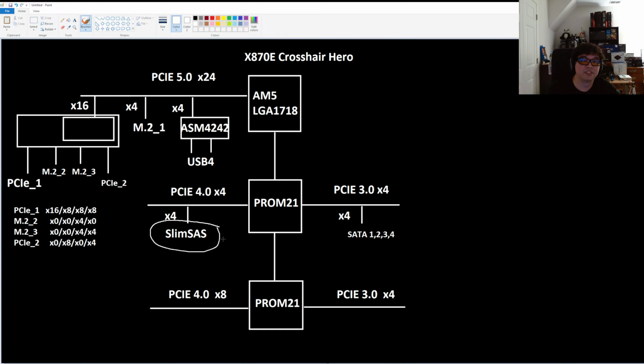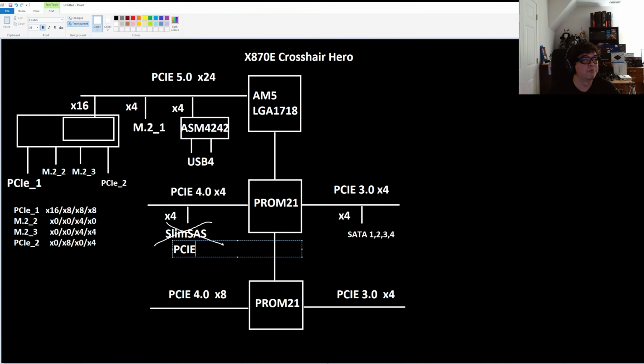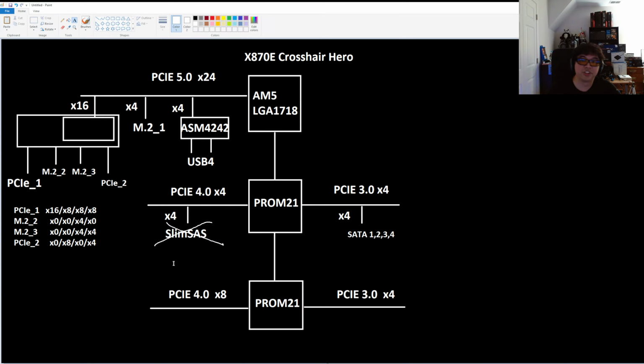That is really strange. Whereas the Strix, for $200 less, included an open PCIe expansion slot. Well, actually, that's the second one. But that's what the Strix did. The Strix gives you an X4 expansion slot that does not share lanes, whereas the Crosshair Hero uses Slim SAS.